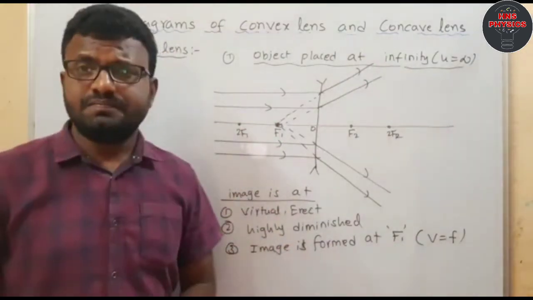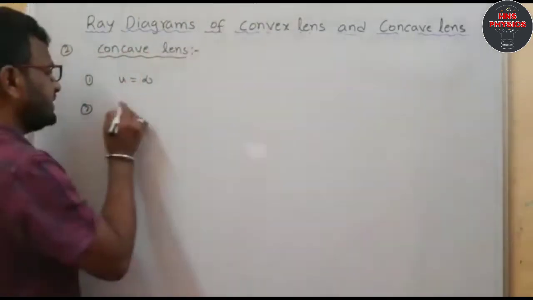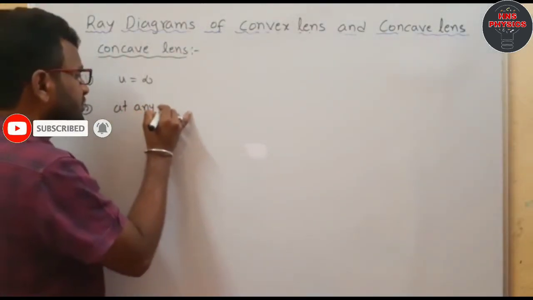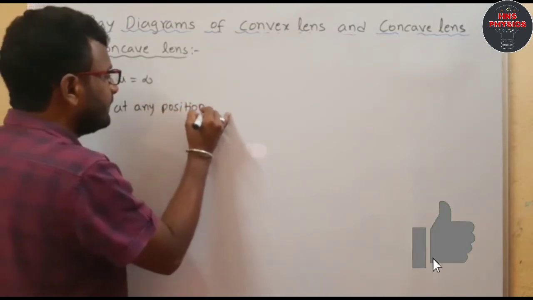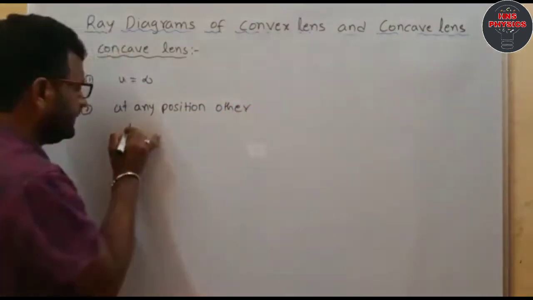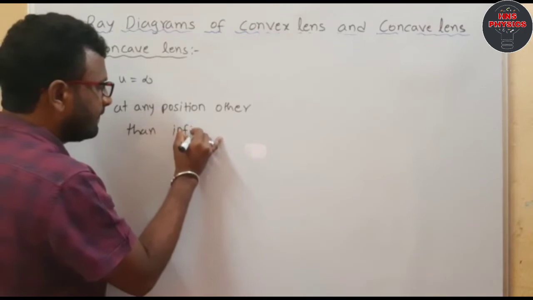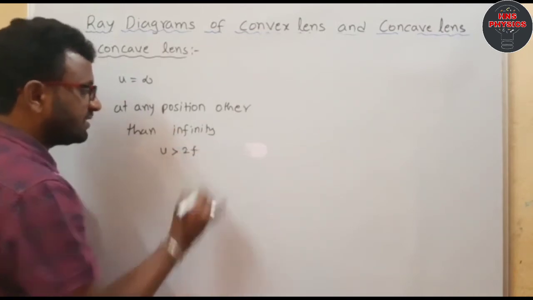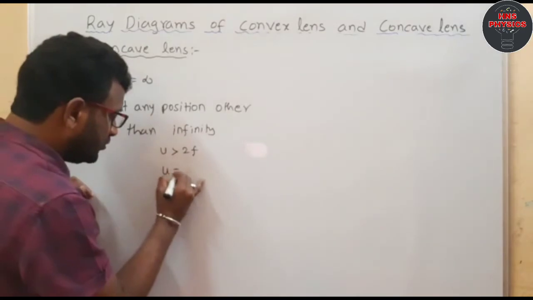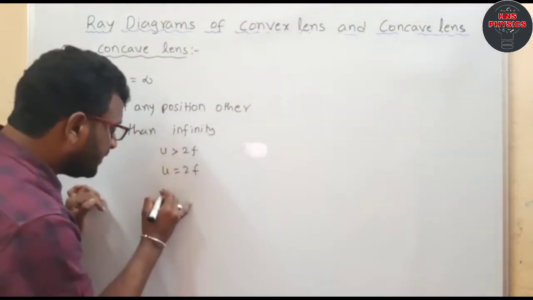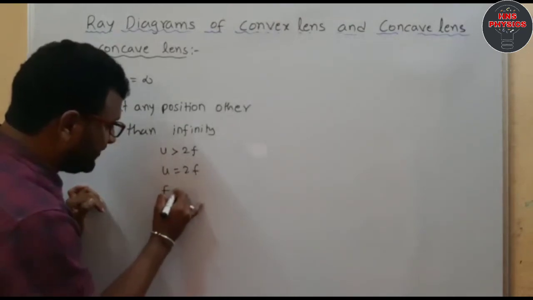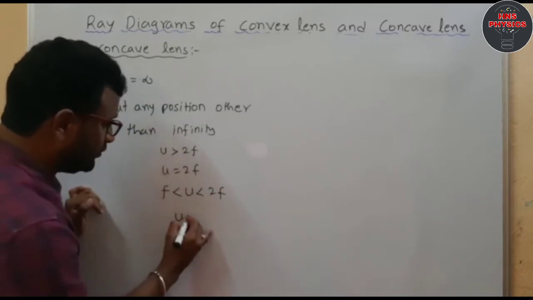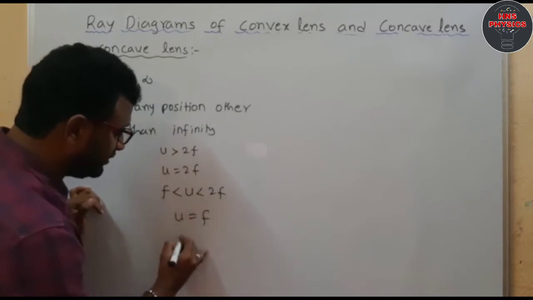Next, come to the second one. When the object is placed at any position other than infinity, that means u greater than 2f, or u equal to 2f, or the object is placed between f and 2f, that is f less than u less than 2f, or u equal to f, or u less than f.